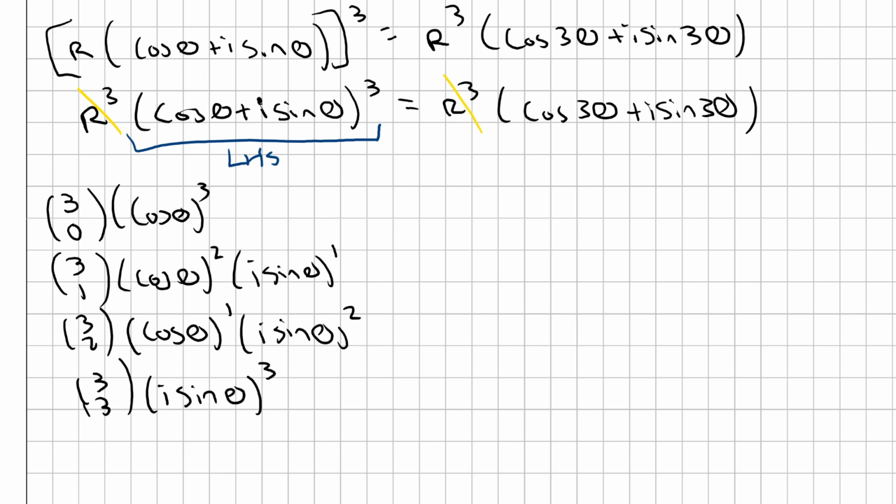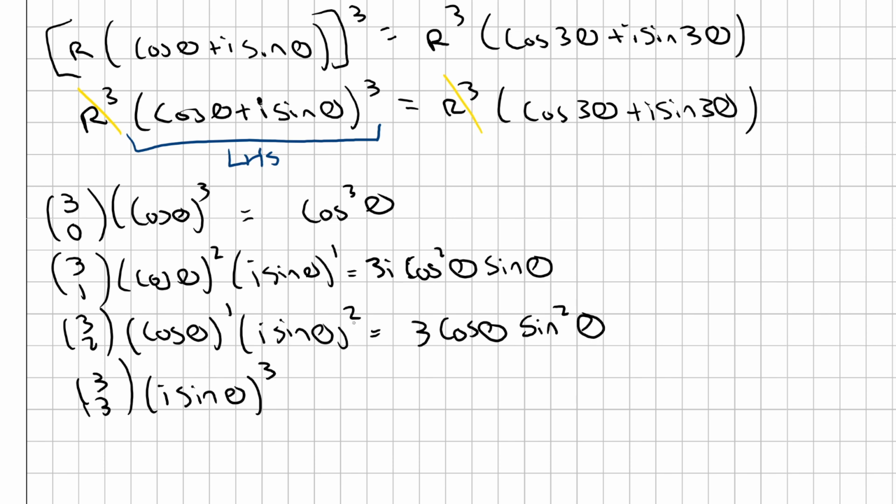So when we work that out, again we're just working on the left hand side. 3 choose 0 is just 1, so that becomes cos cubed theta. Remember, put the cube after the cos. The next one, 3 choose 1 is 3, so that's 3i cos squared theta sine theta. The next one, 3 choose 2 is 3 cos theta i squared sine squared theta.